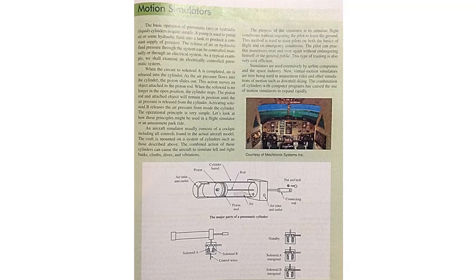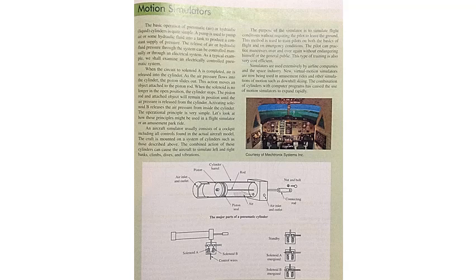Motion simulators. The basic operation of pneumatic air or hydraulic liquid cylinders is quite simple. A pump is used to pump air or some hydraulic fluid into a tank to produce a constant supply of pressure. The release of air or hydraulic fluid pressure through the system can be controlled manually or through an electrical system.